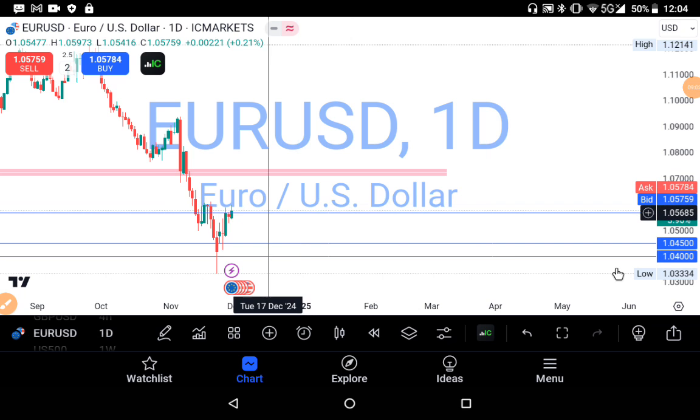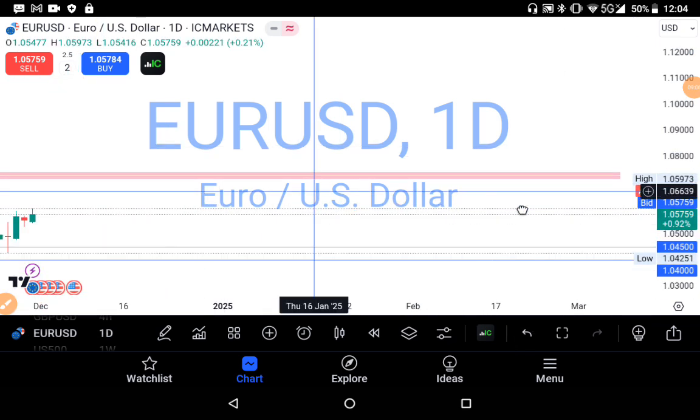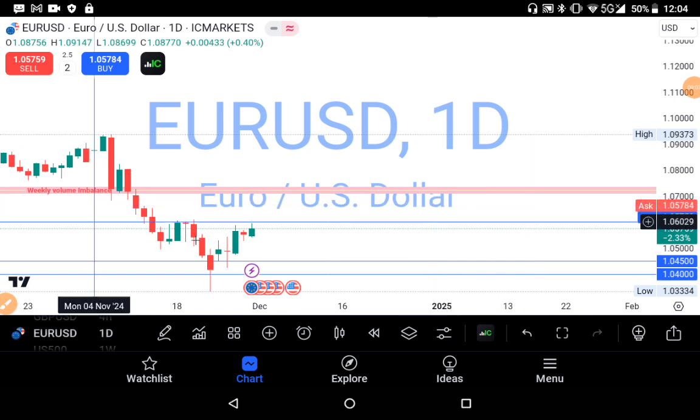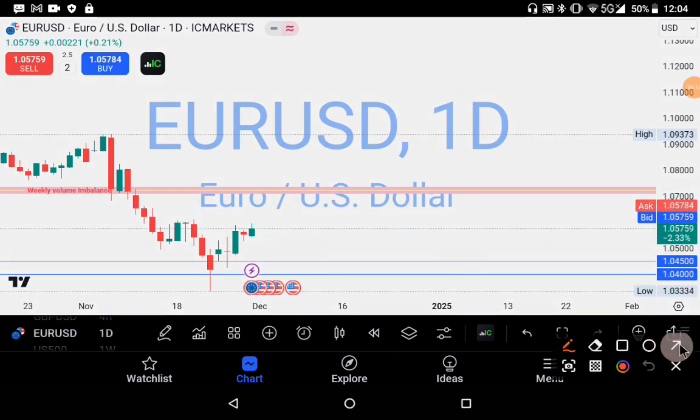Personally, the coming week, this is what I'll be watching. I'll be watching this high being taken, and we should see a gravitation into this weekly volume imbalance, that shaded area.